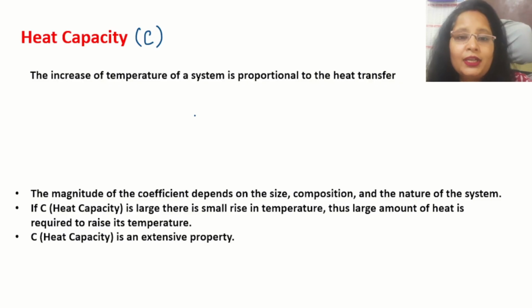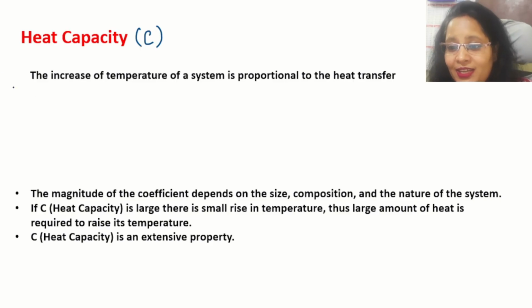How can you heat up a substance? By giving heat to that substance. And how can you know that the substance is heated up? By measuring the temperature. Correct? It means there is a relationship between the heat and the rising temperature.